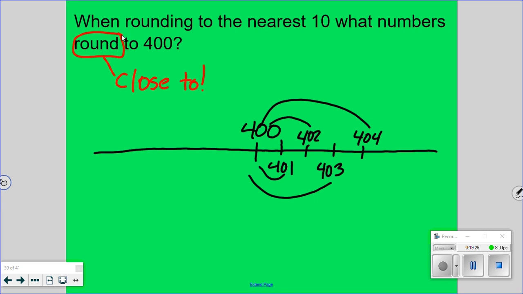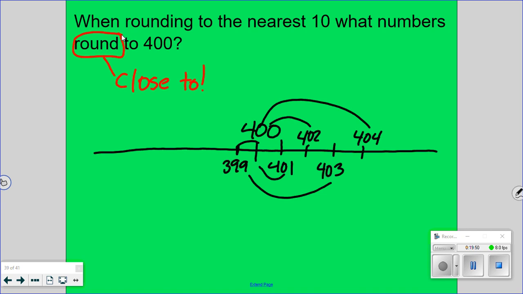Anything else? Jordan? 399. That's right here. Is that really close to 400? Yeah, that definitely will go to 400. Look how close it is. Can you think of anything else?